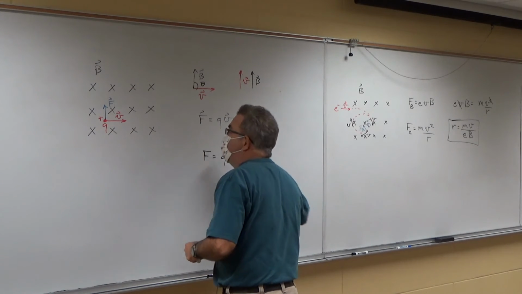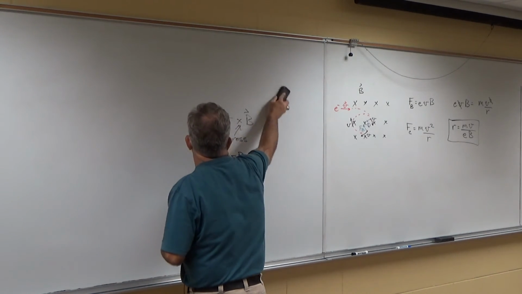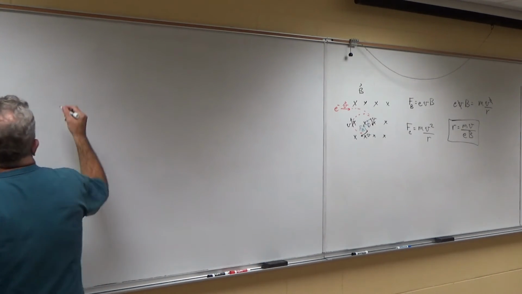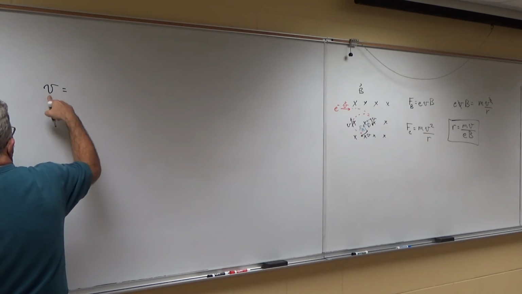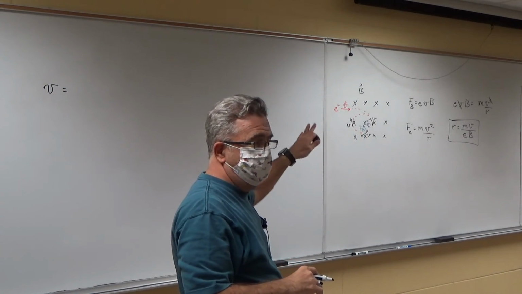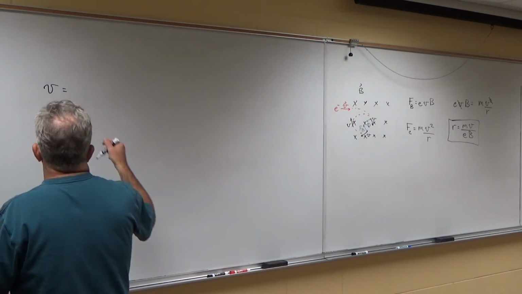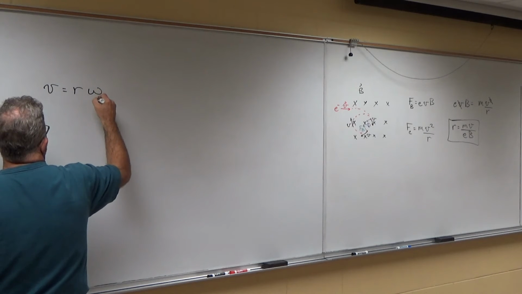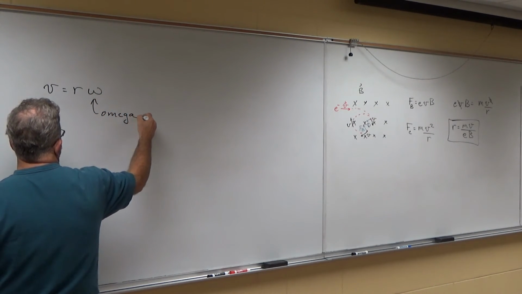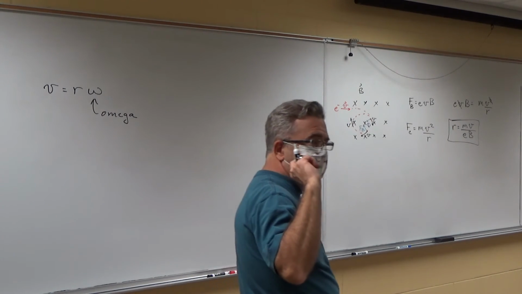We can make a substitution here. When I'm writing V, I hope you realize that in this case that's the tangential velocity of the orbit. V is equal to R omega. Remember omega? That's the angular velocity or angular frequency.